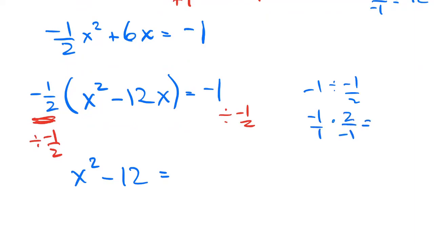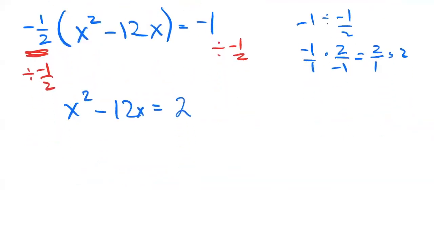Negative is positive, that gives me 2 over 1, or just 2. So this is 2 on this side. Oh, there should be an x there. Now I think to myself, well, x squared minus 12x, what can I add in here that makes that a perfect square?